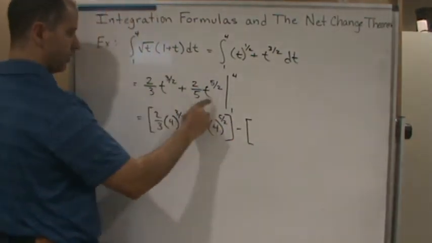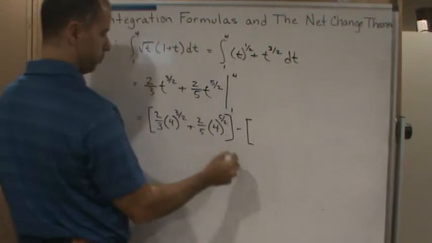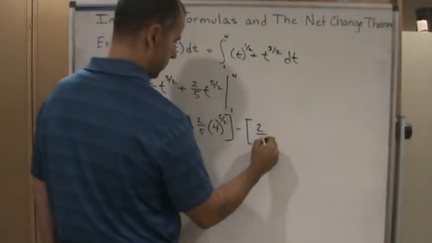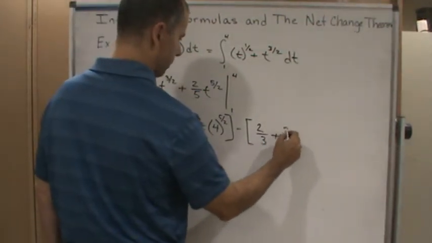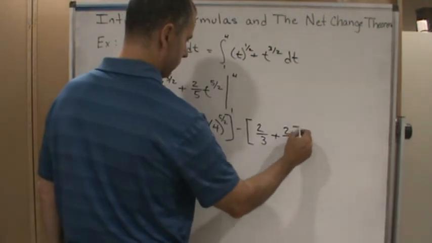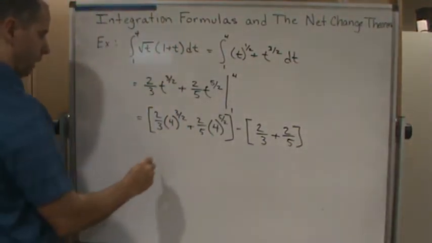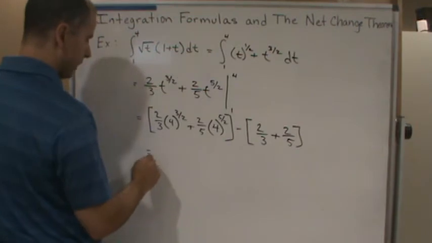Now if I evaluate this at 1, I'm just going to get 2/3 plus 2/5. So I'm just going to write 2/3 plus 2/5. Okay? And now, what does this give me?